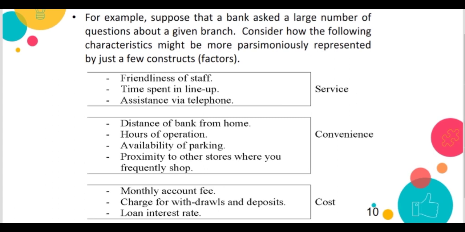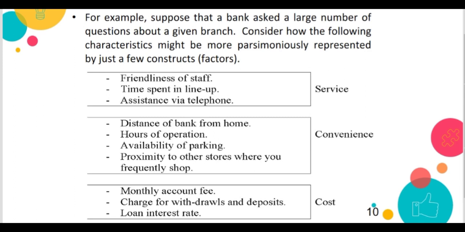So for example, here, suppose that a bank asks a large number of questions about a given branch. Consider how the following characteristics will be more parsimoniously represented by just a few constructs or factors. Before this, in the previous lesson, I already explained this example in principal component, but I want to stress it once more.